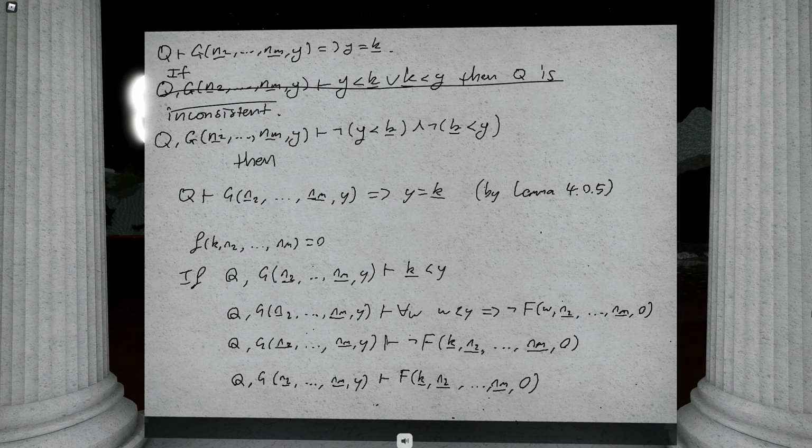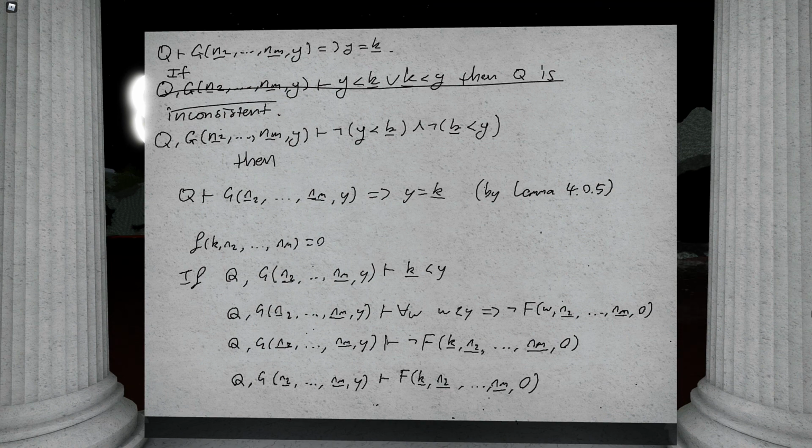Wait, you had a hypothesis that it was consistent, right? Yes. I don't understand what that means about Q with the addition of G being consistent, but if you knew that combined system was consistent, then this contradicts the hypothesis in the meta-mathematical statement that Q is consistent.